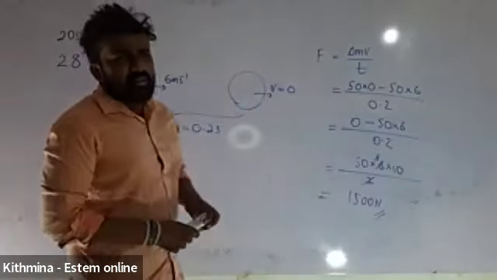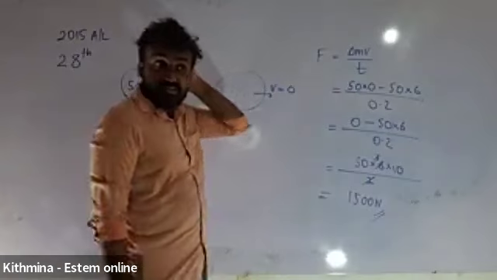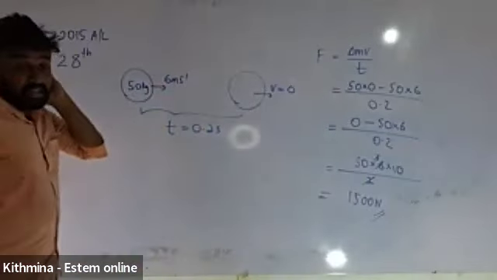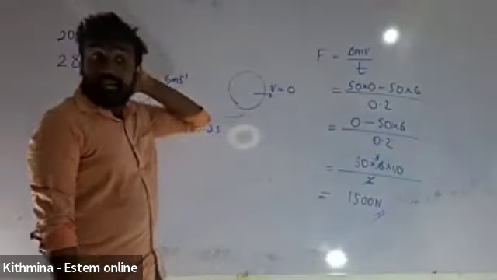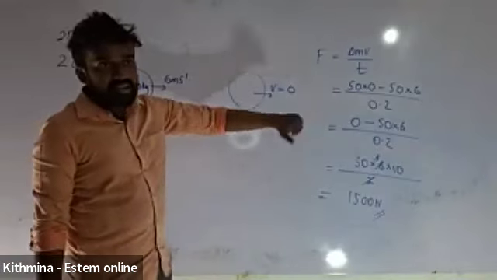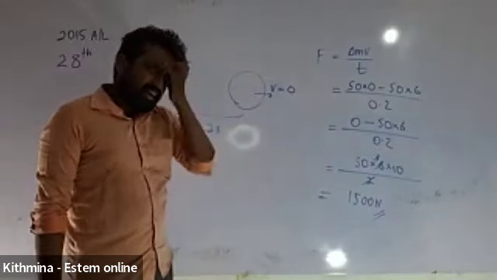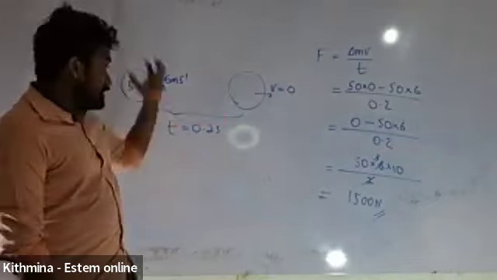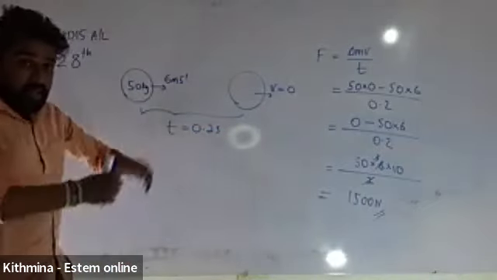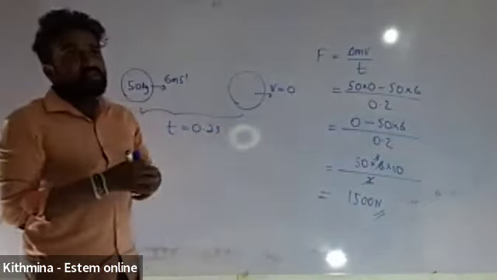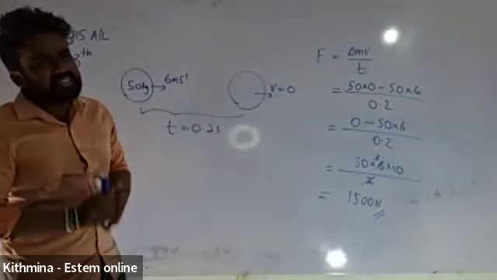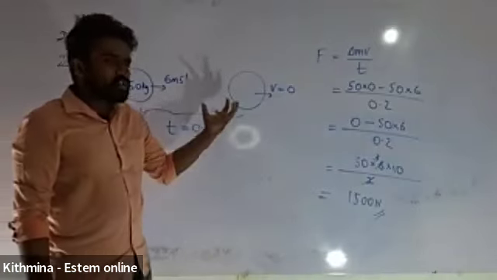However, they gave all for this MCQ in 2015, all as in the marking scheme. It is because this is not a single object; this is a man, the body of a human. Therefore, there is some doubt in that question.